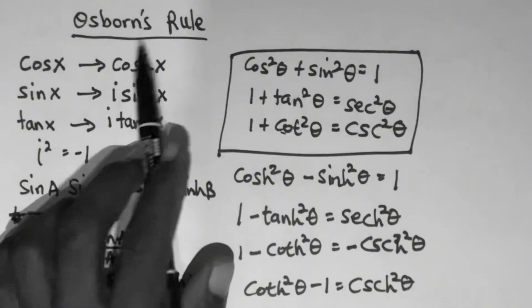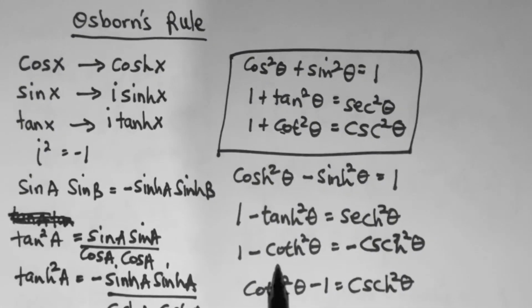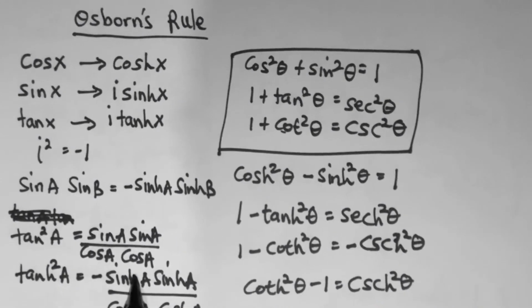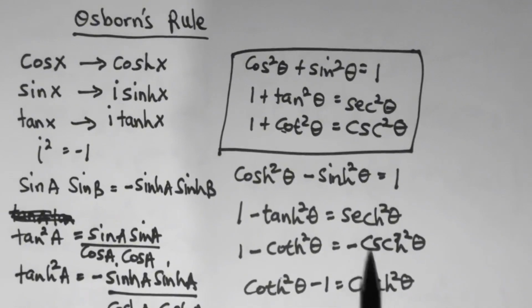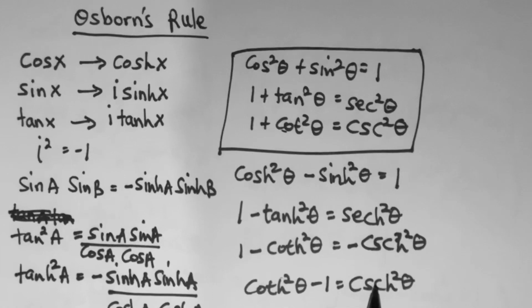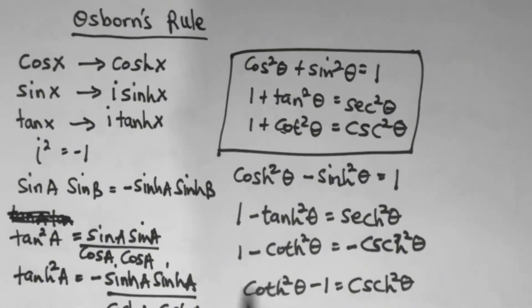So we see that using Osborn's rule, we've been able to convert all the trigonometric identities into their corresponding hyperbolic identities. So let's prove why Osborn's rule works. Let's first state the hyperbolic cosine function.